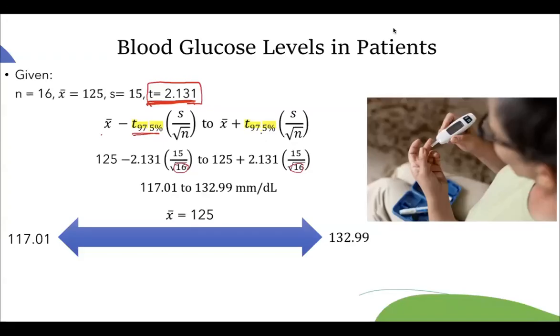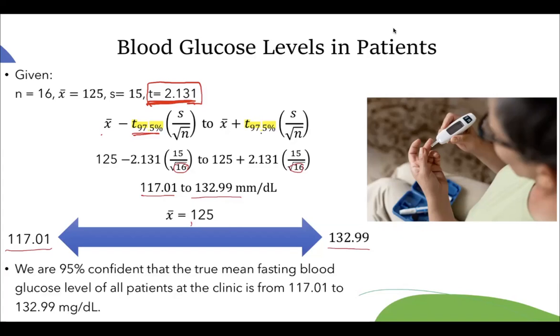So if we make an arrow for our confidence interval that goes from 117.01 to 132.99, we have our point estimate in the middle at 125. To interpret this confidence interval, it's the same kind of interpretation as the previous lecture. Nothing changes here.